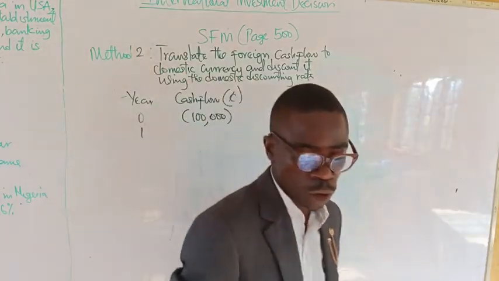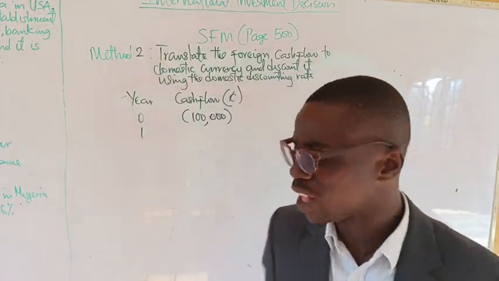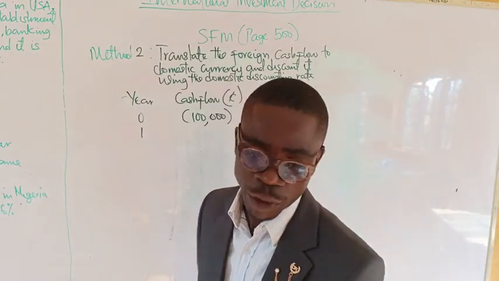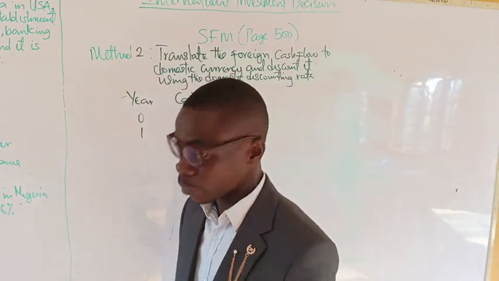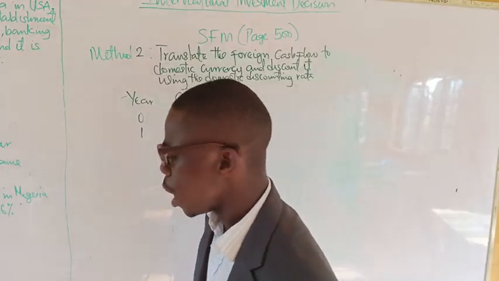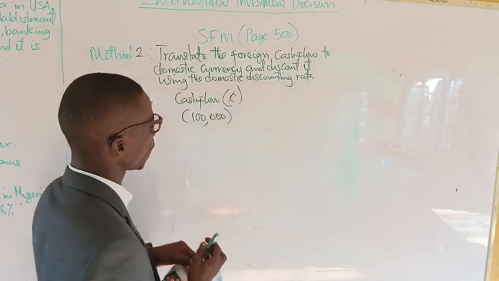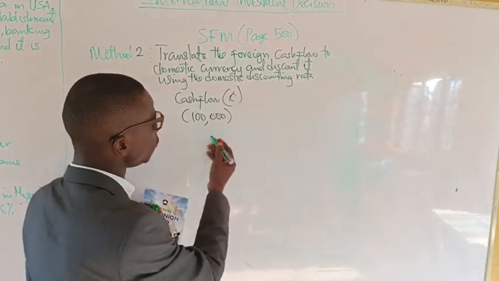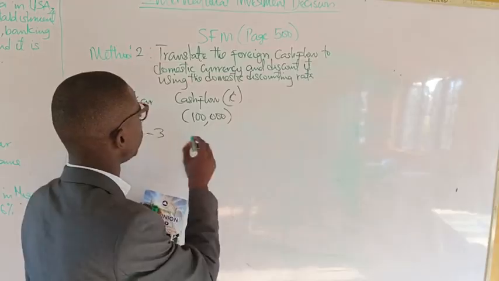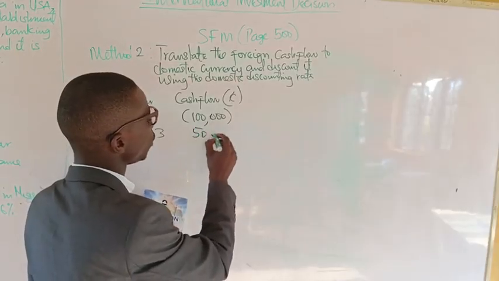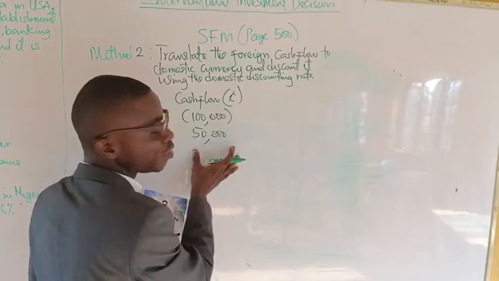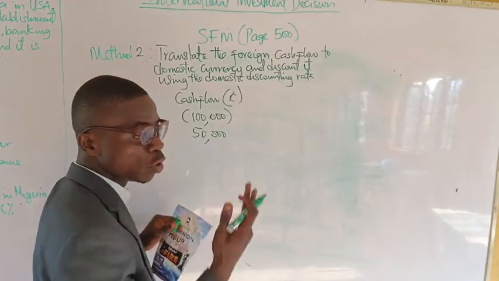Now, for those that understand discounting factor, just like the question we solved, because it's 50-50, you can just say year 1 to 3, which is 50. So you can calculate the discounting factor, the annuity.